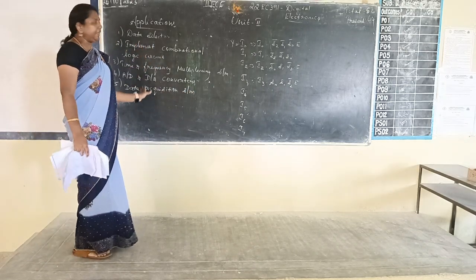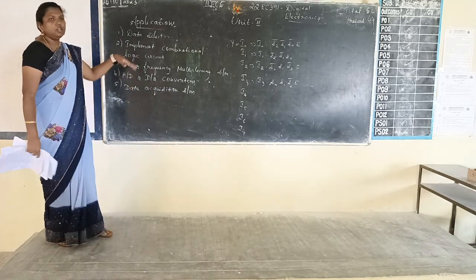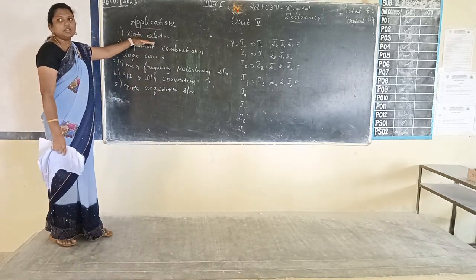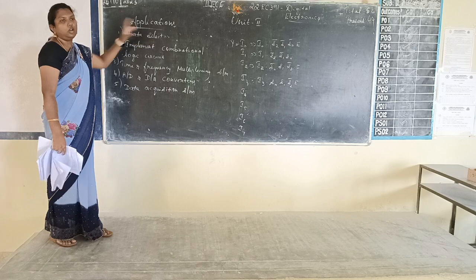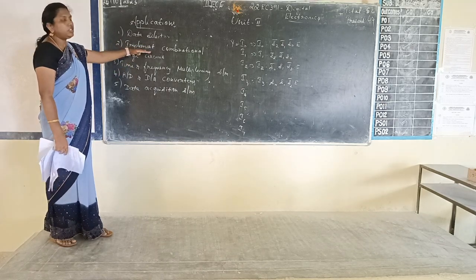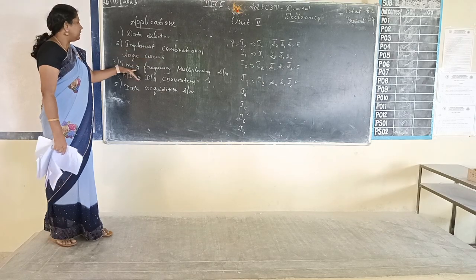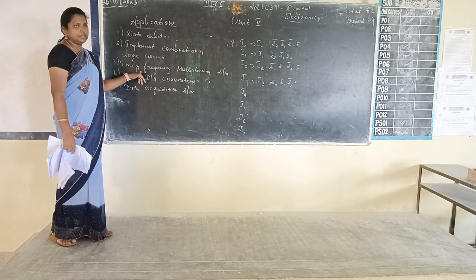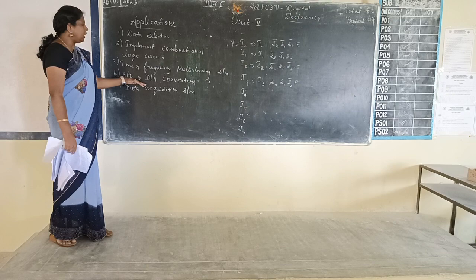These are the applications of a multiplexer. They are used as a data selector since it selects any one binary input from the n number of inputs. Then they are used to implement complex logic circuits. Then they are used in time and frequency multiplexing systems. Then they are used in parallel to serial converters.